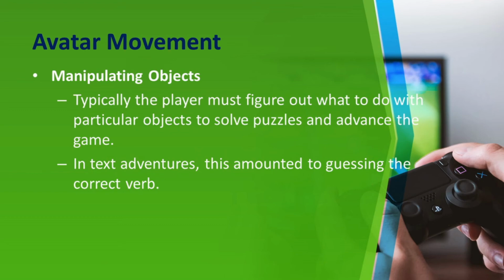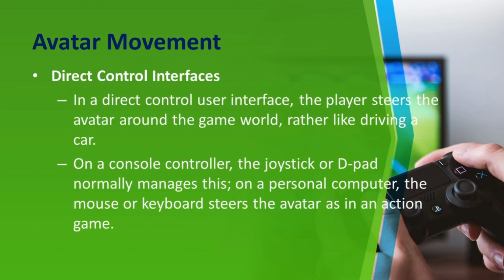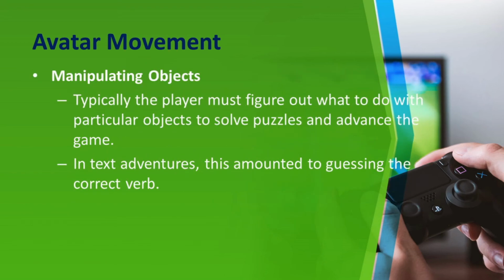Next, aside from the direct control interfaces and point and click, we also have manipulating objects. So you as the player will have the privilege to manipulate or examine objects within the game. Typically the player must figure out what to do with the particular objects to solve puzzles and advance in the game.